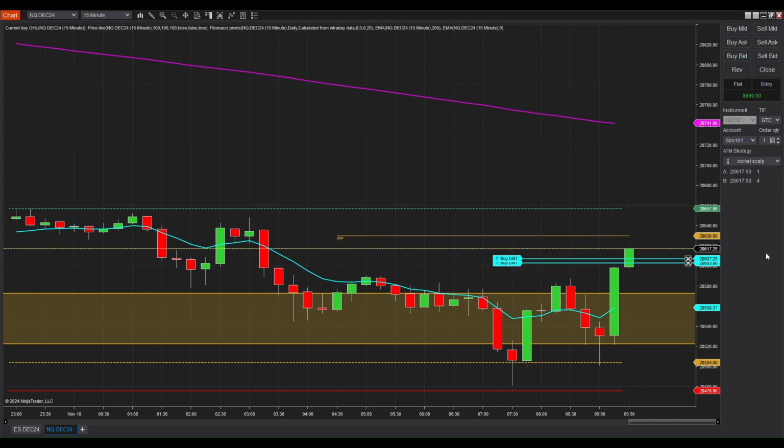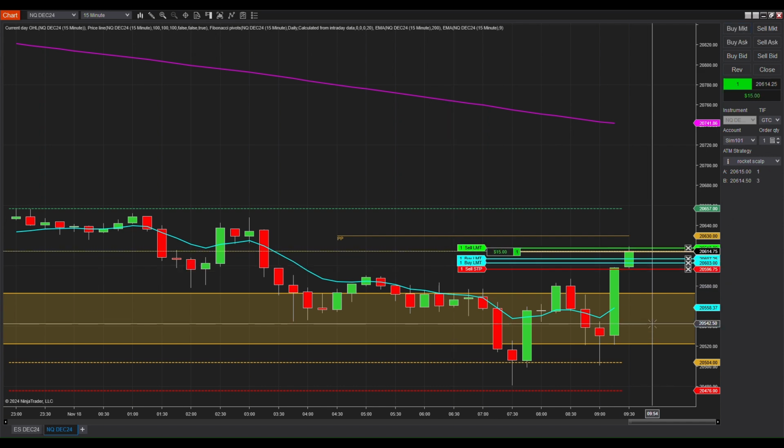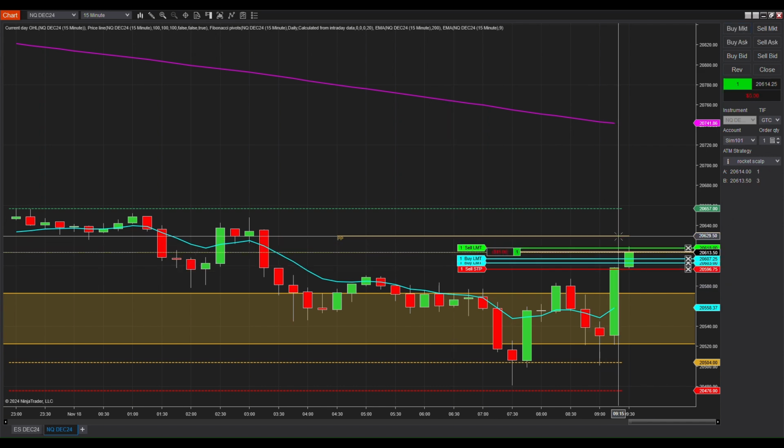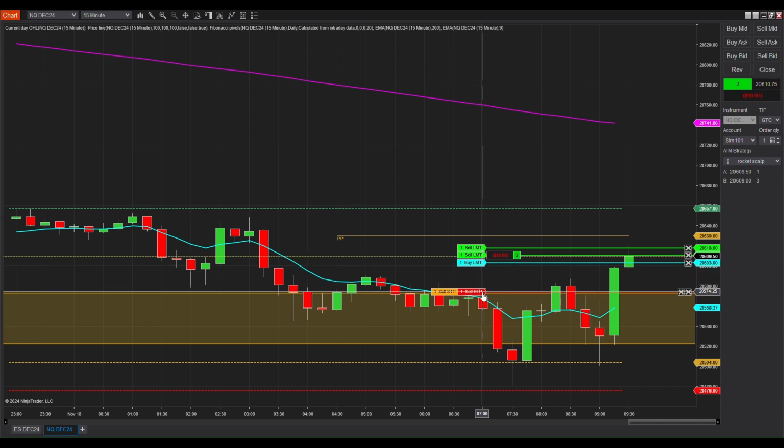Target filled. We're so close there. Order filled. That's the pivot point. That's where I want to scalp this too. Order filled. Pullback going to the upside.